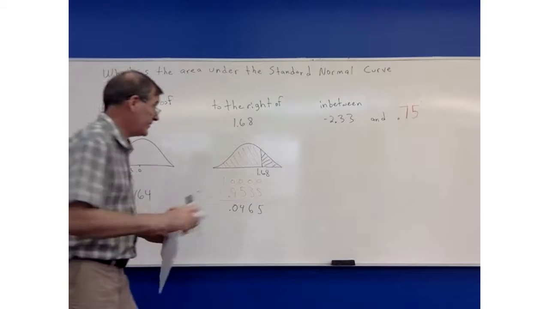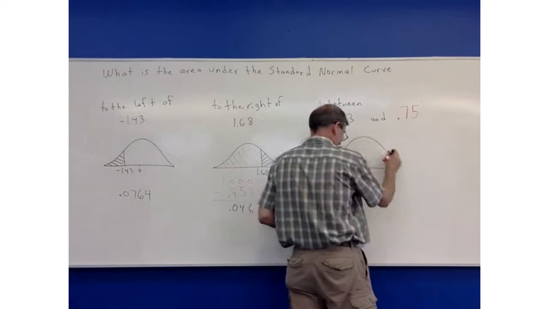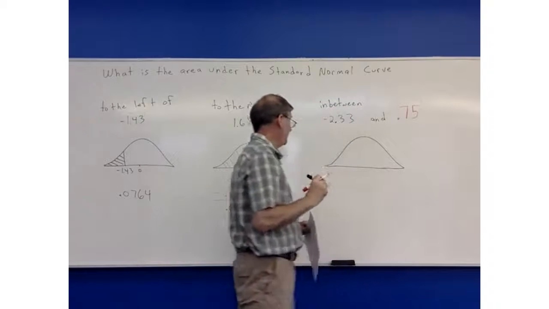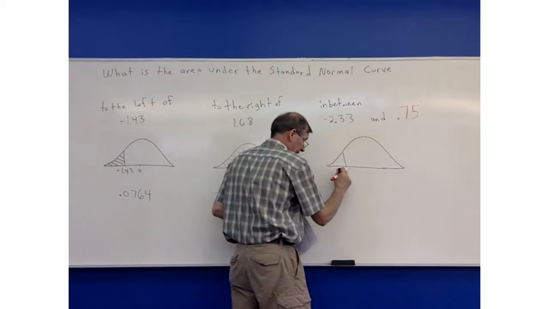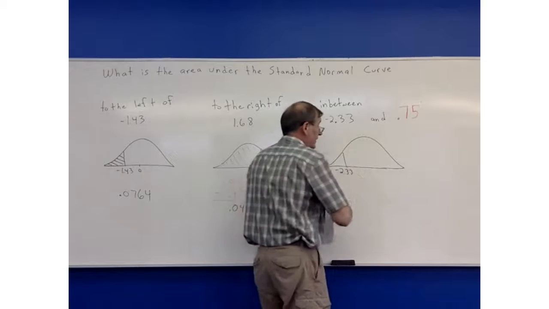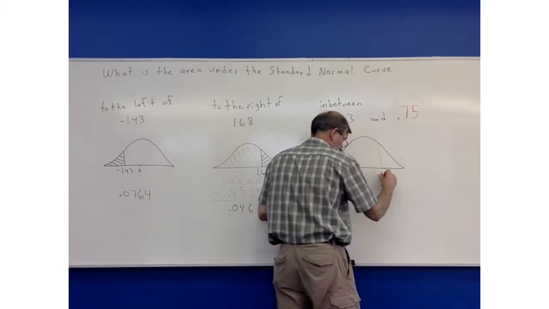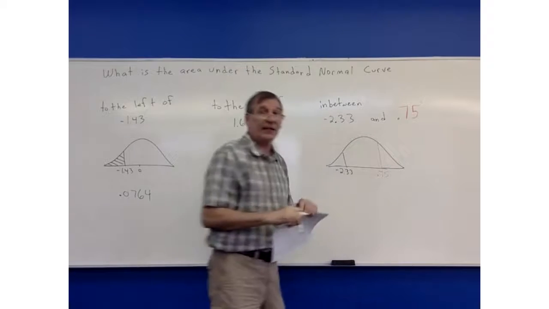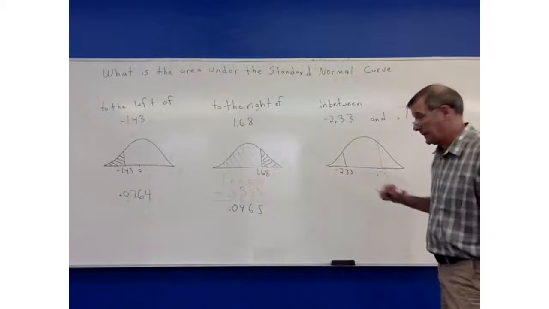Now, we've got another situation: in between. Okay, in between, I've got a negative 2.33. It's a negative number, so it's on the left. And a positive number, 0.75, which is to the right of 0. And we want the area in between. Now, how are we going to get this area in between?